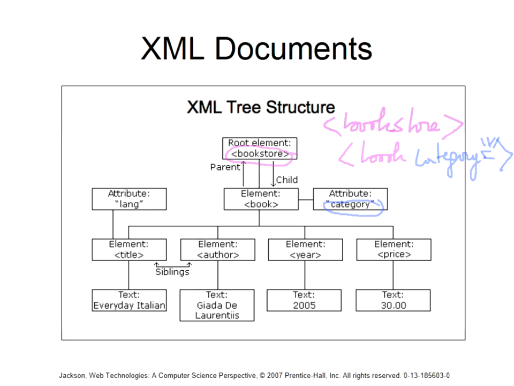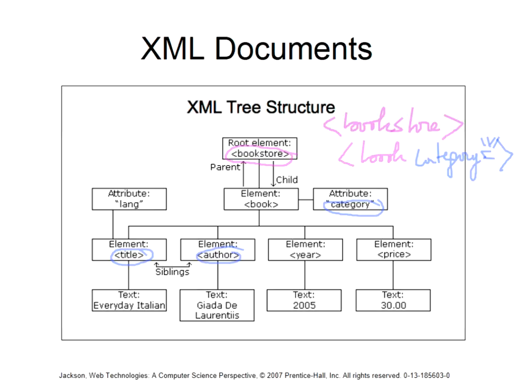So if I want to write the corresponding XML document, I will write bookstore, and after that I have book as a child with an attribute.